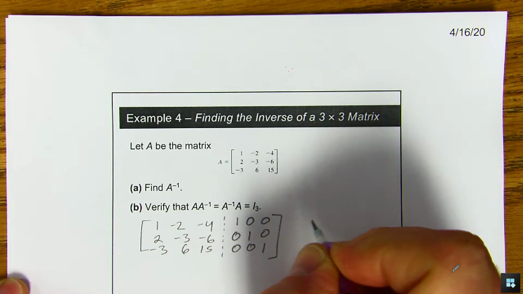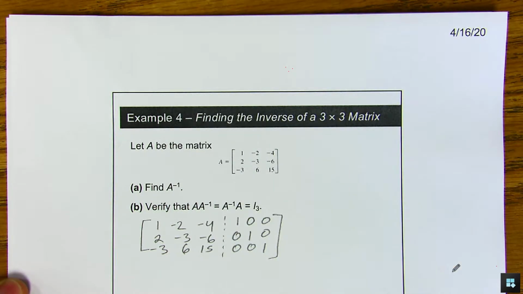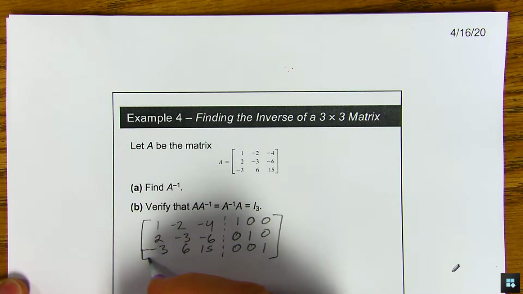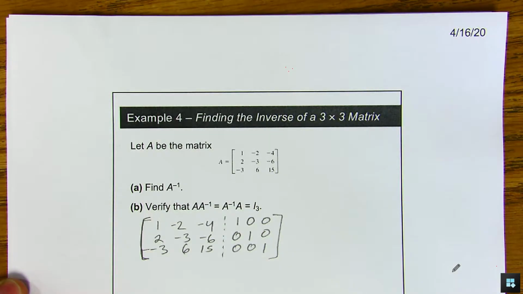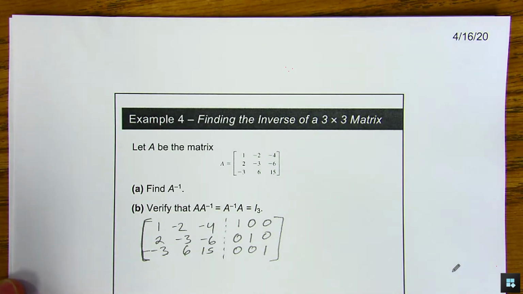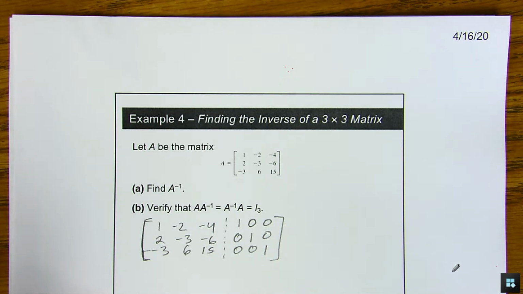Looks like that, okay? So the process that we go through to get this to happen is we're going to do basically the Gauss-Jordan method and make this look like the identity matrix.